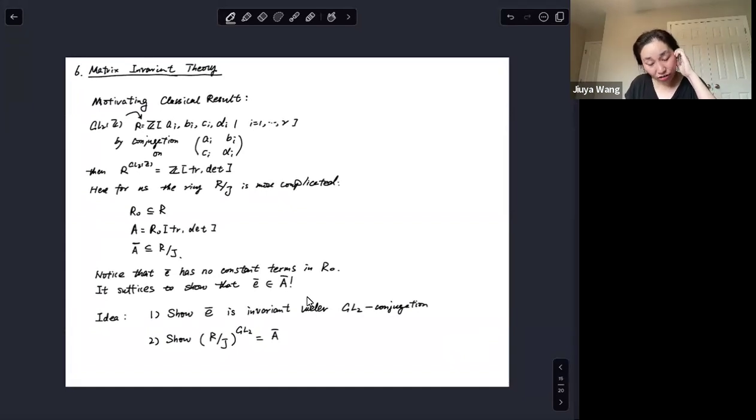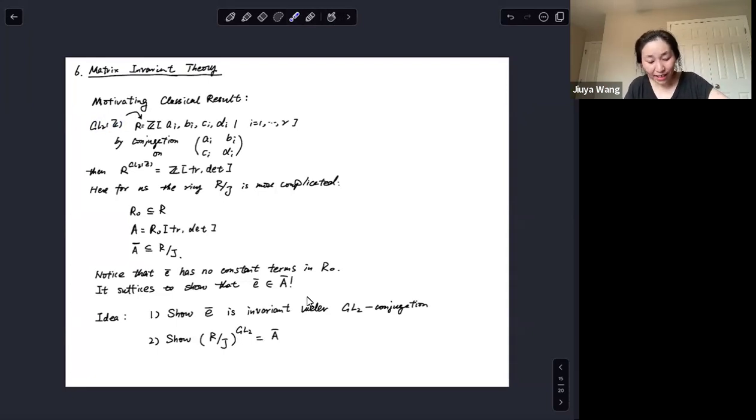The motivating classical result here is that if you look at the polynomial ring generated by all the matrix entries, and imagine you have GL2Z acting on the matrix A, B, C, D via conjugation, then the subring that is invariant under this action is exactly the sub-algebra generated by trace and determinant.